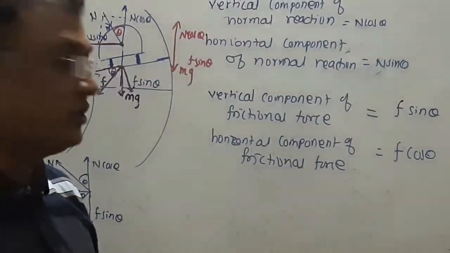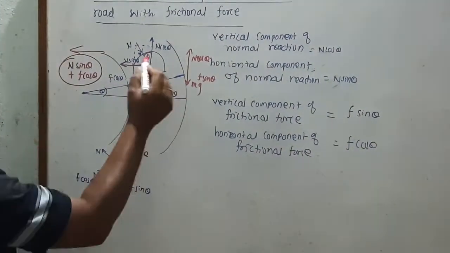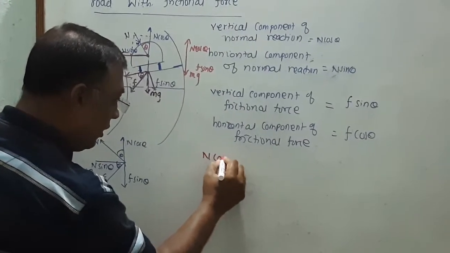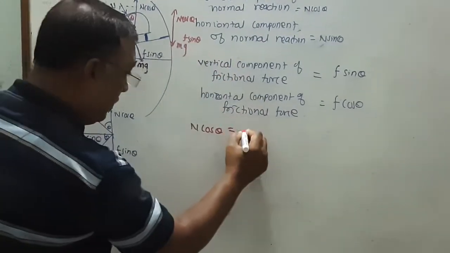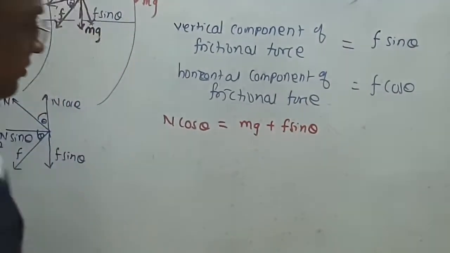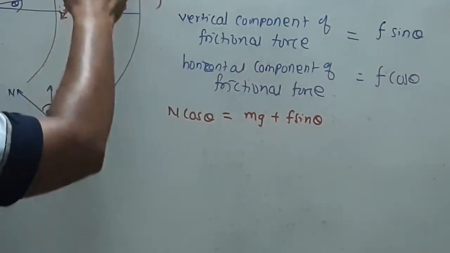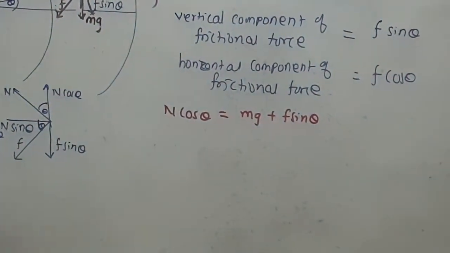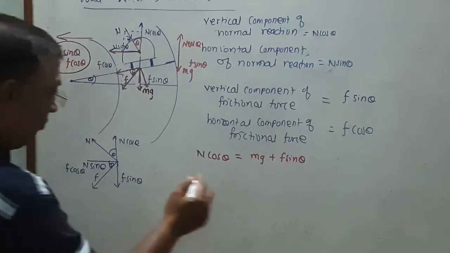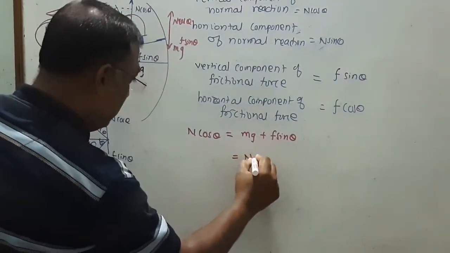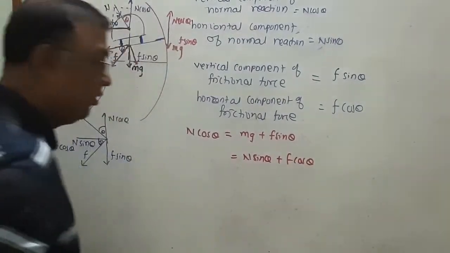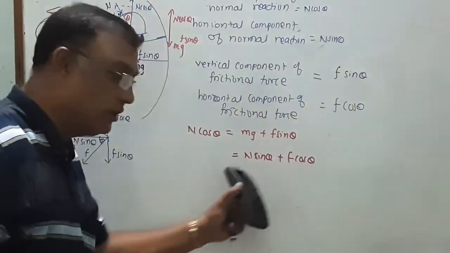Now two equations come out. What kinds of equation can I write? N cos theta is equal to mg plus f sin of theta. This is one equation if you balance the vertical component. If you balance the horizontal component, N sin of theta plus f cos of theta, who balances it?